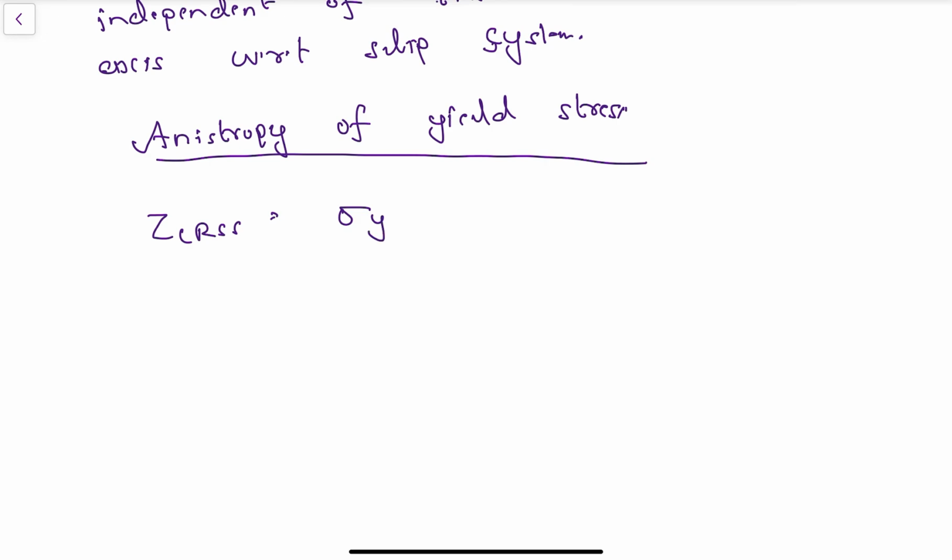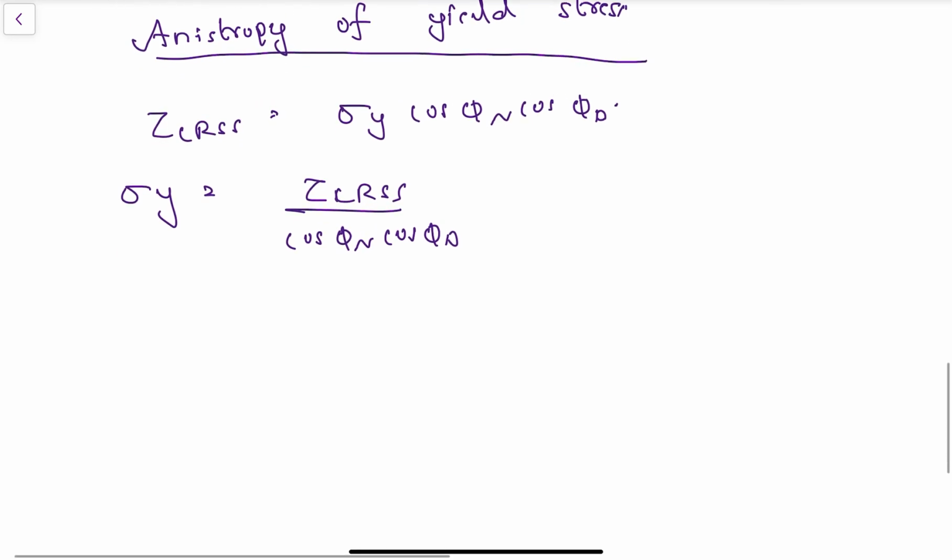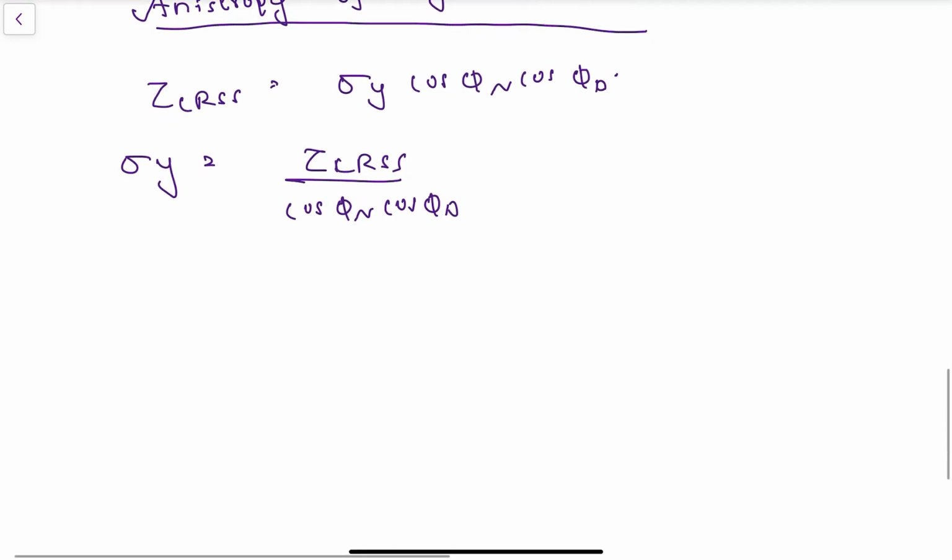So tau CRSS is equal to sigma y cos phi n cos phi d, that is, sigma y is equal to tau CRSS by cos phi n cos phi d. So this yield stress sigma y depends upon this orientation.